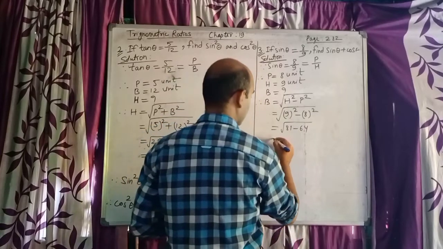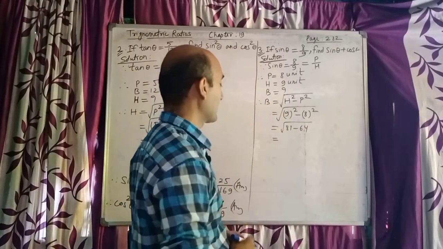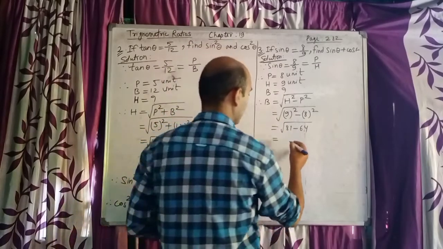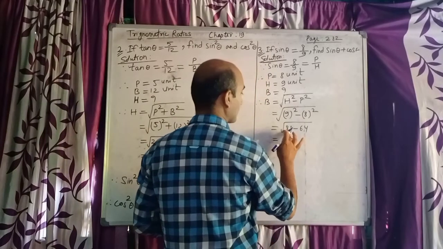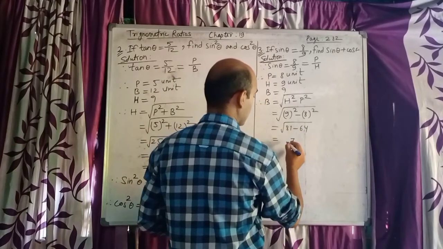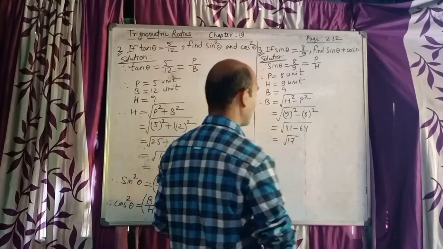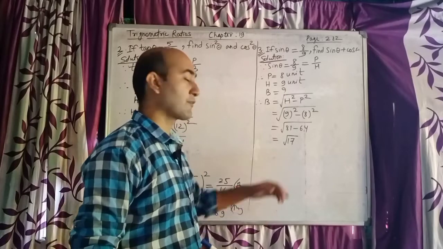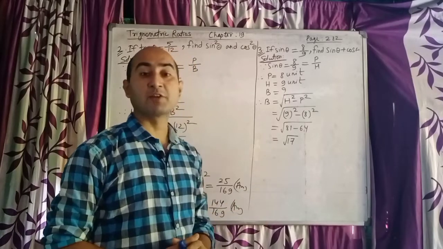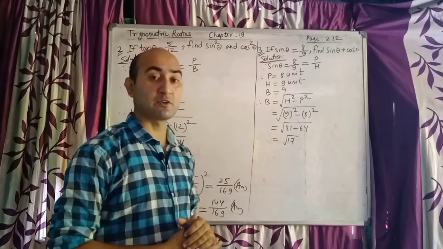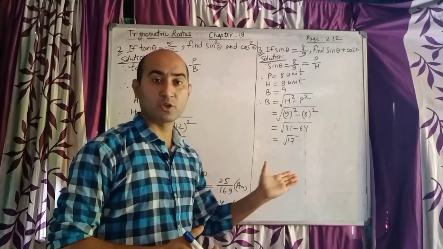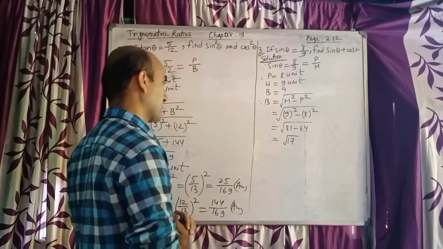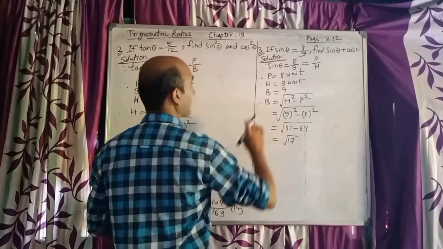Let us subtract it. 81 minus 64 is 17. But children, root 17 we cannot simplify, and even if we take it out, it will be in decimal. So it is better to leave it here only as root 17. There is no issue. So base value is root 17.